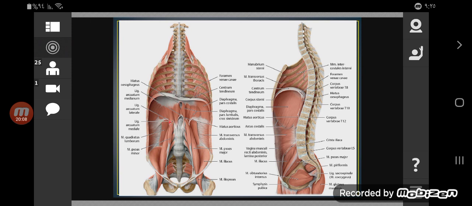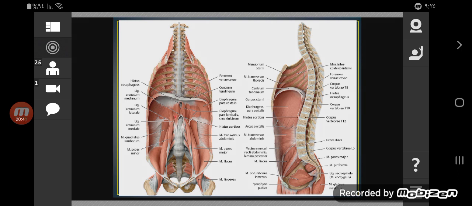This tendinous or fibrous attachment is the lateral arcuate ligament on the quadratus lumborum muscle, the medial arcuate ligament on the psoas major muscle, and the crus on the lumbar vertebrae.